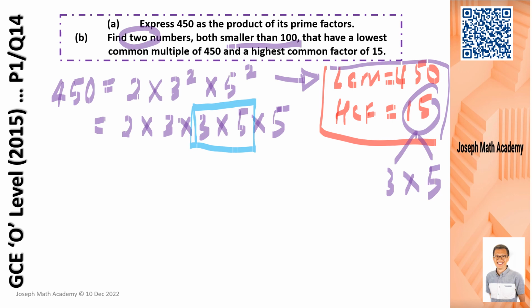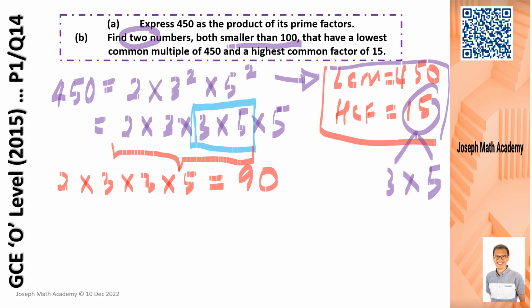So let's take the first 4. So 2 times 3 times 3 times 5 gives us 90. Okay, 90.